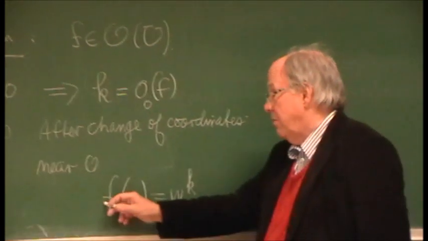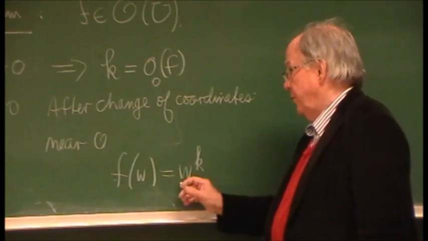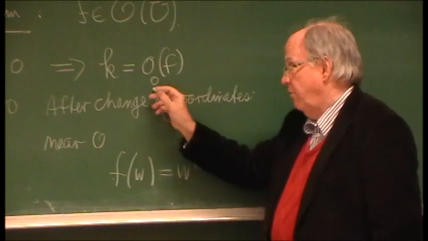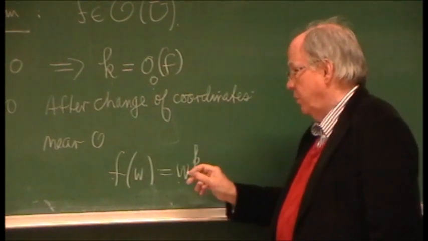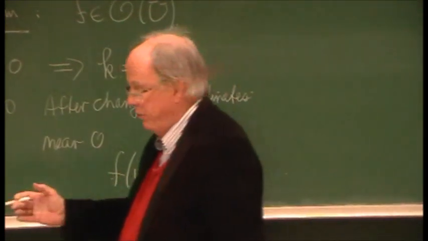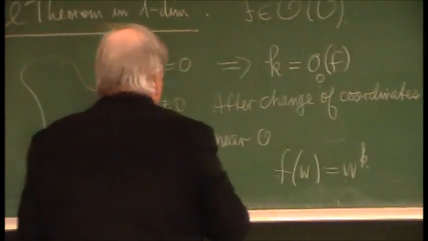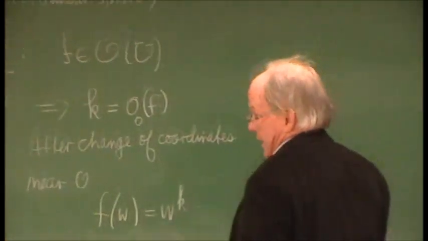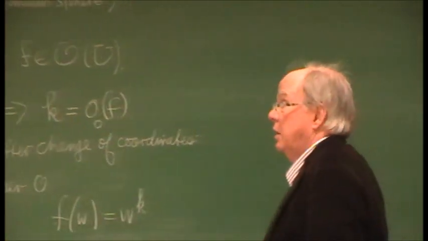So in some sense, every holomorphic function is just w to the k, where k is the appropriately defined vanishing order of the function at that point, or polar order if it's meromorphic. So you see, the local theory is really trivial in this case. Whereas the global theory, understanding global holomorphic or meromorphic functions, is not so trivial, even in dimension 1.